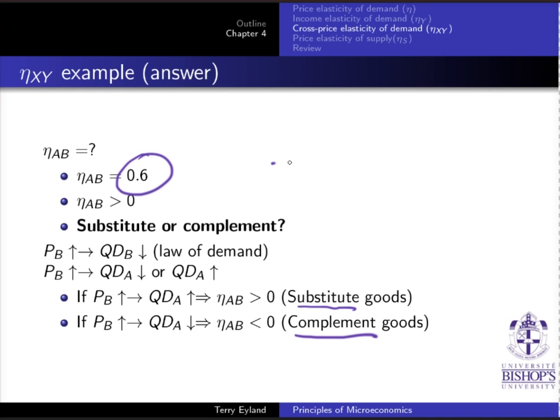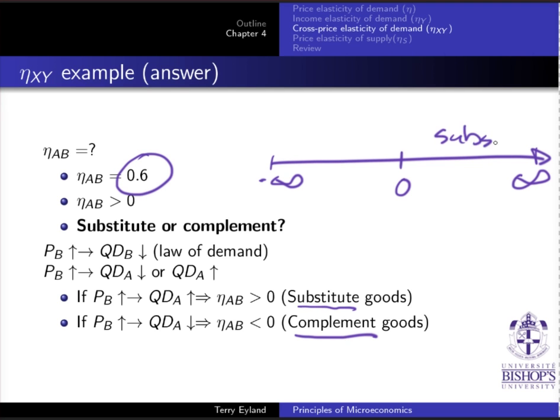So once again, if we look along the spectrum from positive infinity to negative infinity, with zero in between: if it's positive, we're dealing with substitutes. If it's negative, we're dealing with complements. And if it's equal to zero, we would say that these goods are unrelated. They are not related to one another at all.